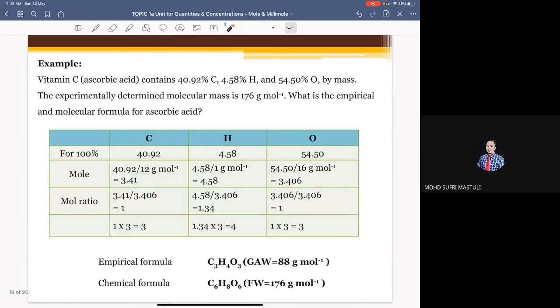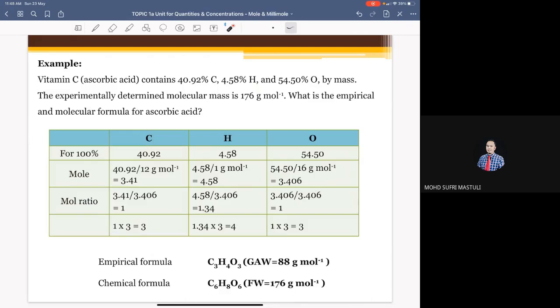So this is a common example of calculation related to the empirical formula and also molecular formula. In this question, vitamin C or ascorbic acid contains carbon, hydrogen, and also oxygen with different mass percentage.